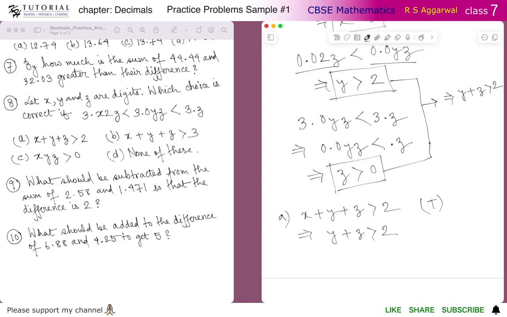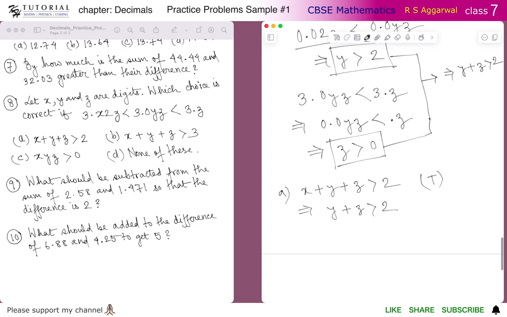Now what about x plus y plus z greater than 3? No, it need not always be greater than 3, because we only know that y plus z is greater than 2.